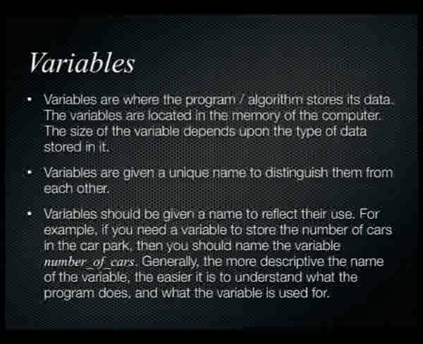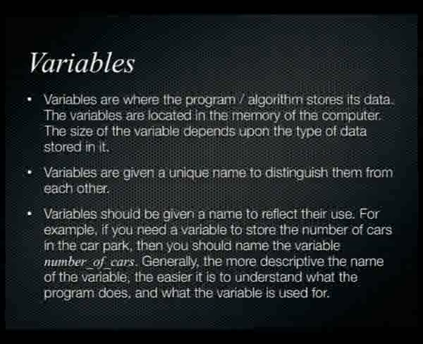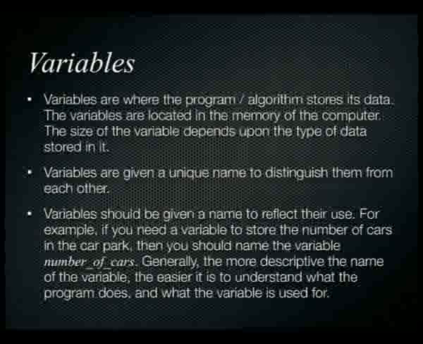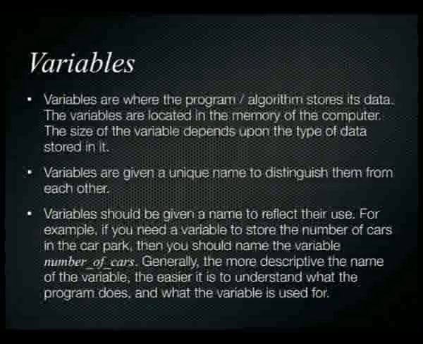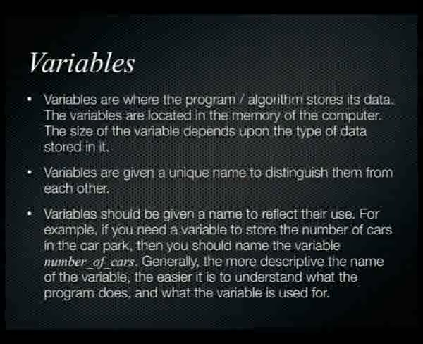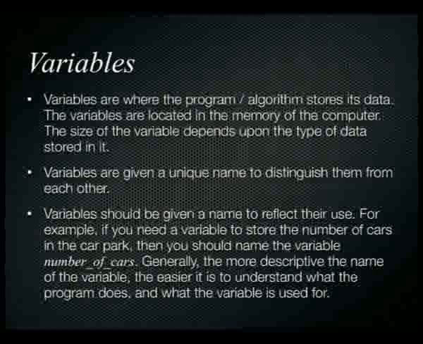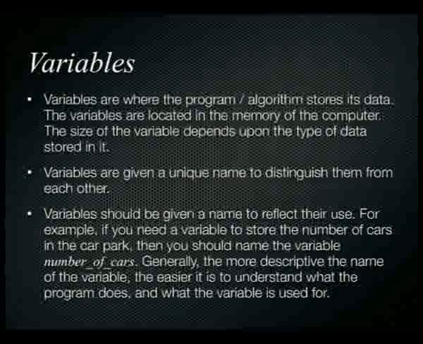We give variables a unique name and generally try to give them names that are descriptive. So we try not to use the variable name A or B or C or D. We try to use variable names that clearly state what it is that we're storing inside them. That way, when you read your code, it is very readable, or when you read the flowchart, it is very readable. It's very clear what the right-hand side of an equation is doing, because it's going into a variable on the left-hand side that clearly states what's happening.